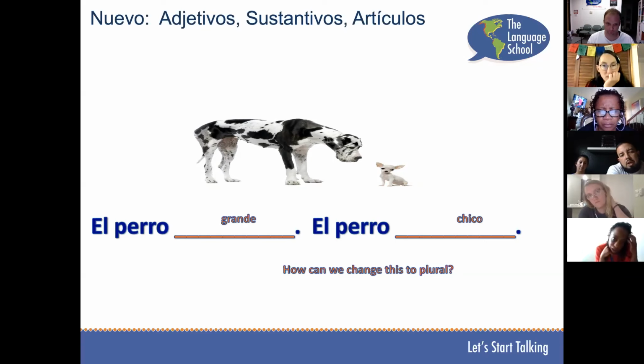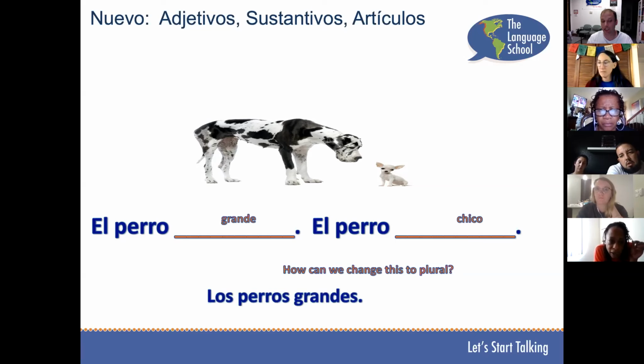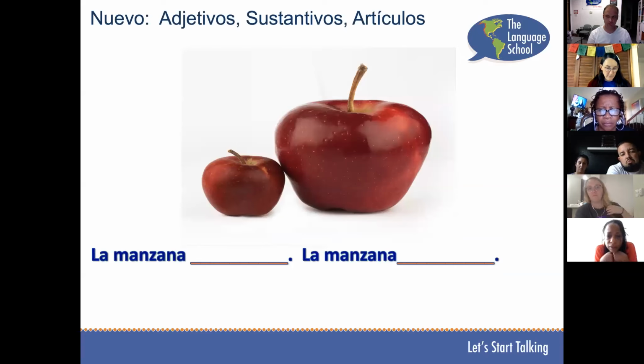El perros grandes. We need to make every single word plural, so it's going to be. Okay, I'm sorry. Los perros grandes, and then los perros chicos. Okay, Shelby?